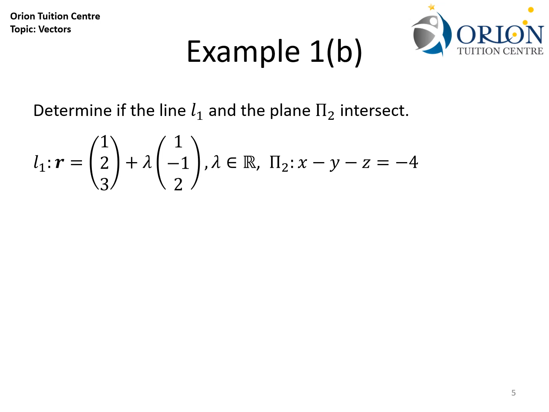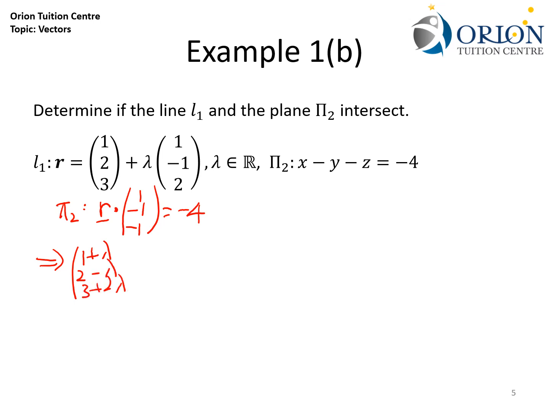In example 1b, we have now the line L1 and the plane pi2. So first, I will write down the equation of pi2 in vector form: r dot (1, -1, -1) equals -4. And now I can substitute the equation of the line into the equation of the plane to give me (1 plus lambda, 2 minus lambda, 3 plus 2 lambda) dot with (1, -1, -1) equals -4.